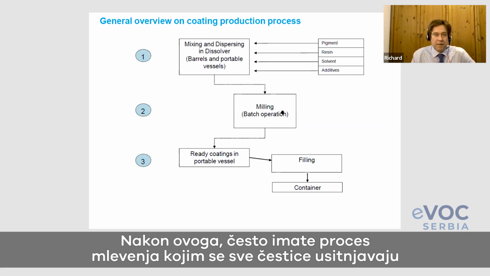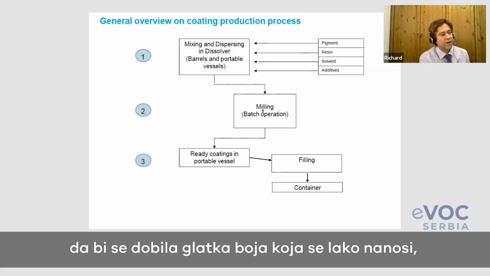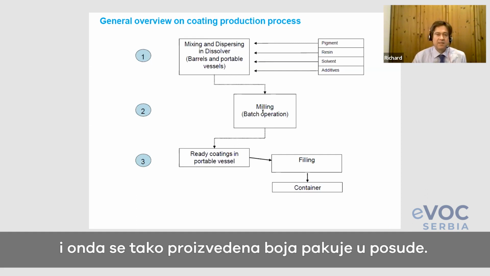After doing this, you have a milling process very often to grind all particles, so that you finally get a very smooth and applicable paint, and then you can fill your produced paints in containers.